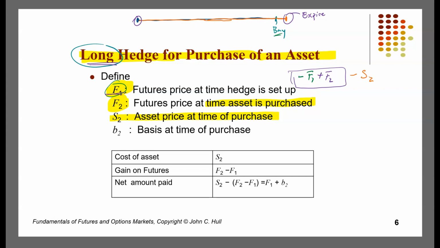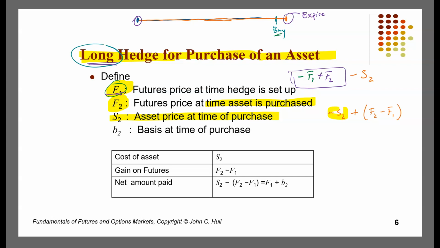I spend S2, but then my contract itself is going to generate the following: plus F2 minus F1. That is my ultimate position.